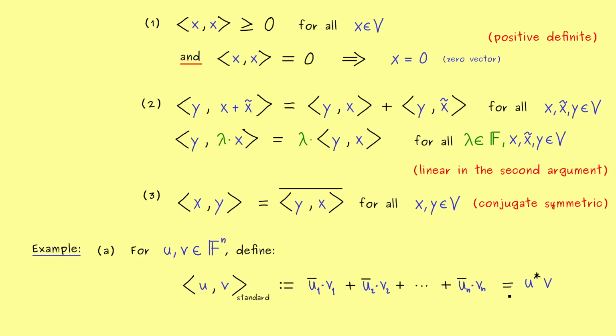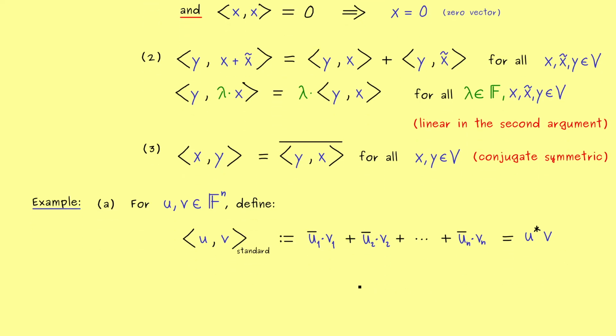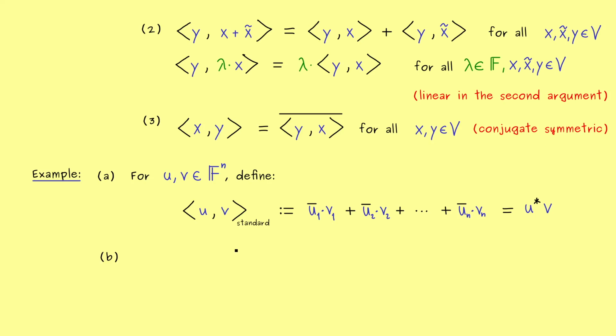And now you should see the scalar result is exactly our inner product of u and v. Therefore, you can always remember the standard inner product with this definition as u star v. So it's a very nice formula and easy to use. And soon we will see that we can also generalize that to other vector spaces.